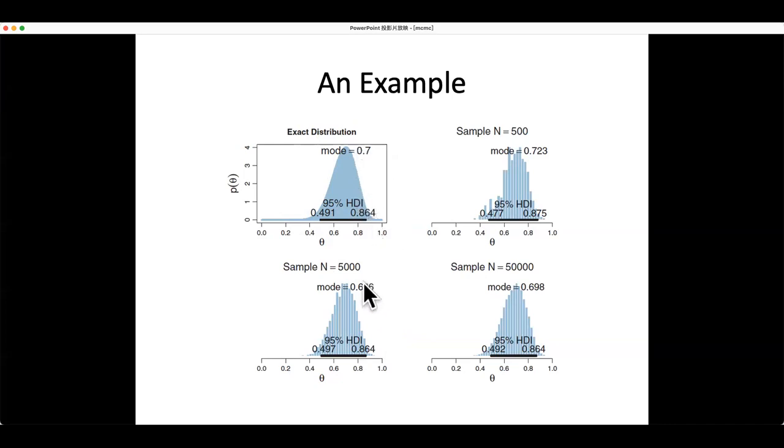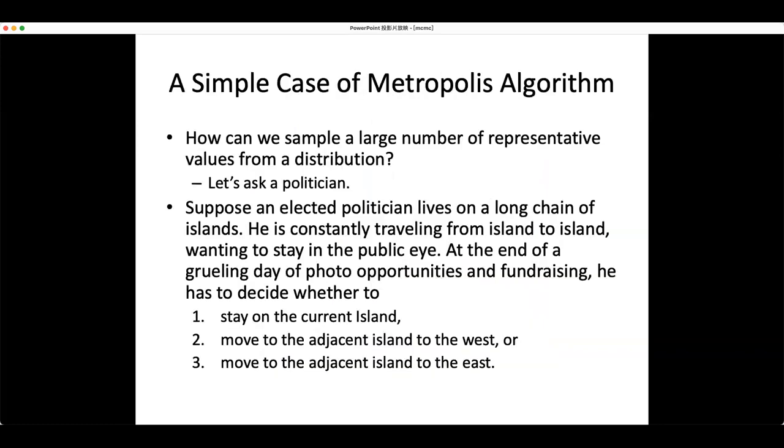Well, probably a little bit more than that, maybe 7-8%, but you get an idea. As long as you increase the sample size, the approximation can be done very well. That's the idea of using the sampling technique to approximate a distribution.